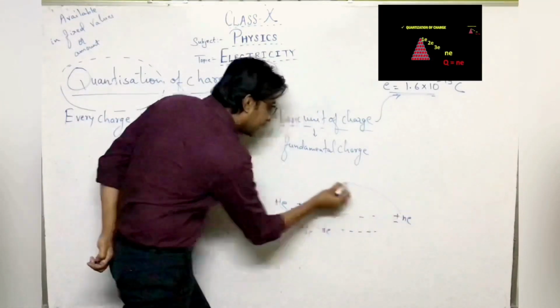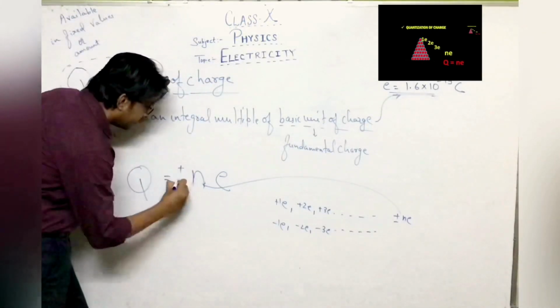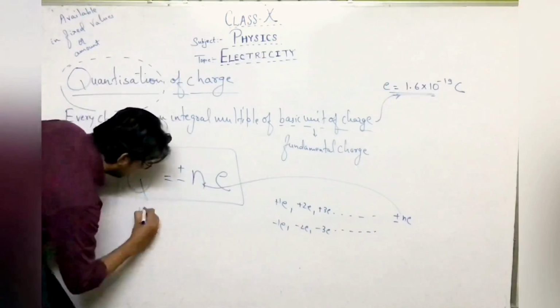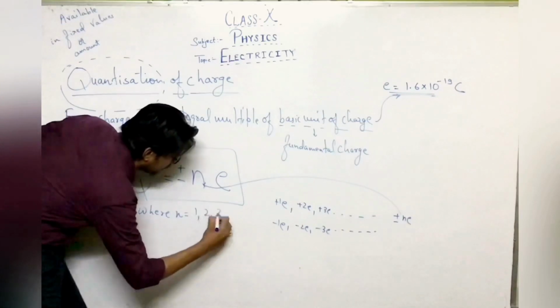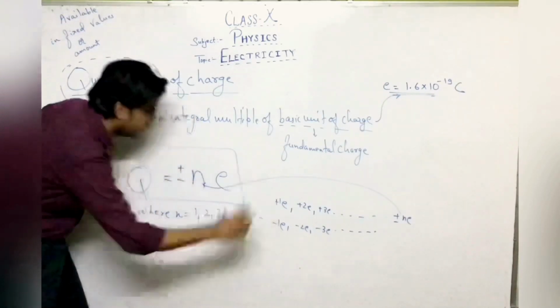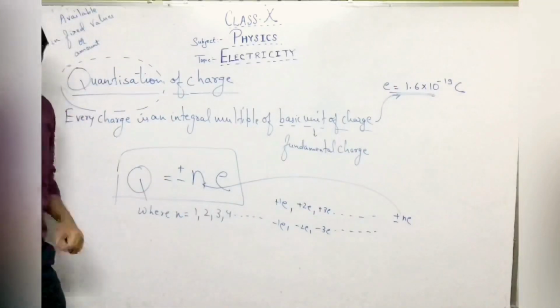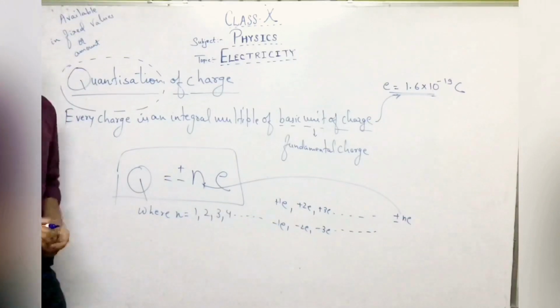This is quantization of charge. Here we will write plus minus ne, and this is the formula for quantization of charge, where n is equal to 1, 2, 3, 4, it goes on. Plus sign indicates that it is positive charge and negative sign indicates that it is negative charge.